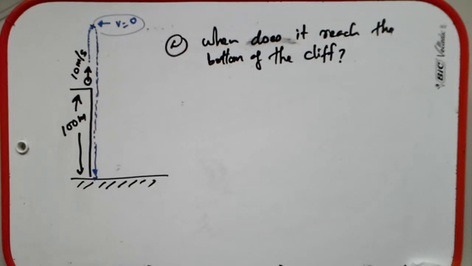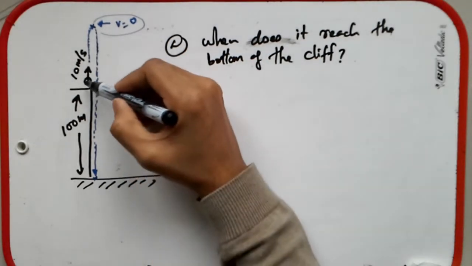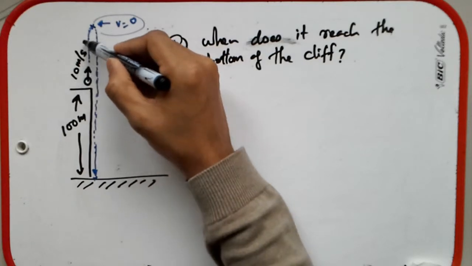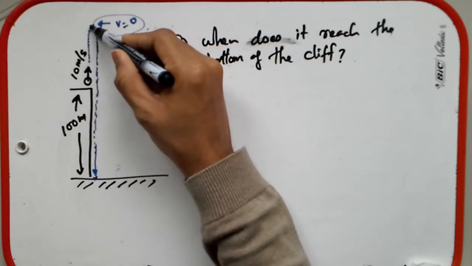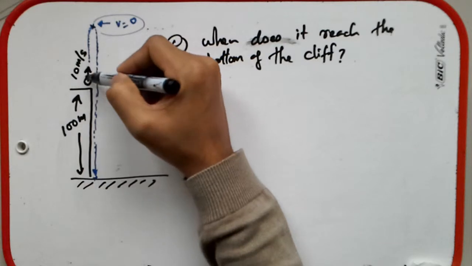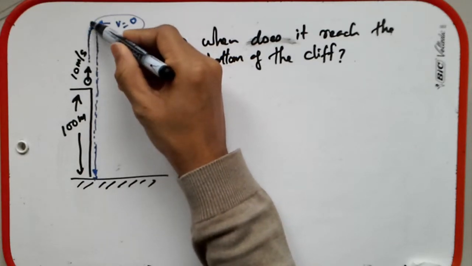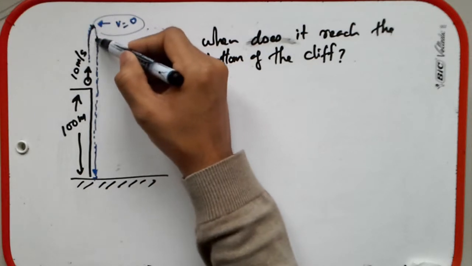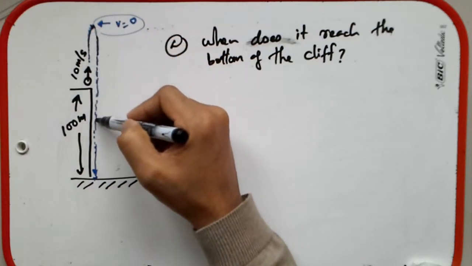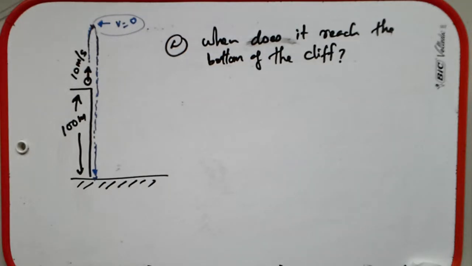How do you find the time taken for this ball to go up to reach this point? So it has to go up and its speed should become 0. After that it should start to accelerate and reach the bottom. The first part of the problem is what? How do you find the total time taken for the ball to reach the ground? How do you do this?